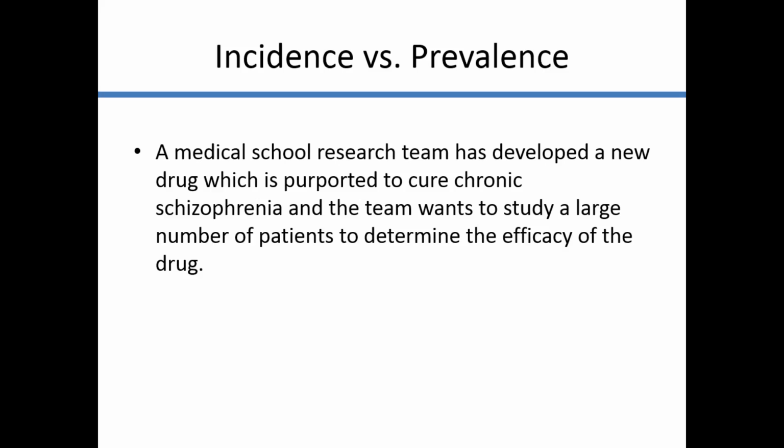Here's the last example. A medical school research team has developed a new drug which is purported to cure chronic schizophrenia, and the team wants to study a large number of patients to determine the efficacy of the drug. Incidence or prevalence? All right, well, first of all, if you think about it for a second, you're looking for a cure.